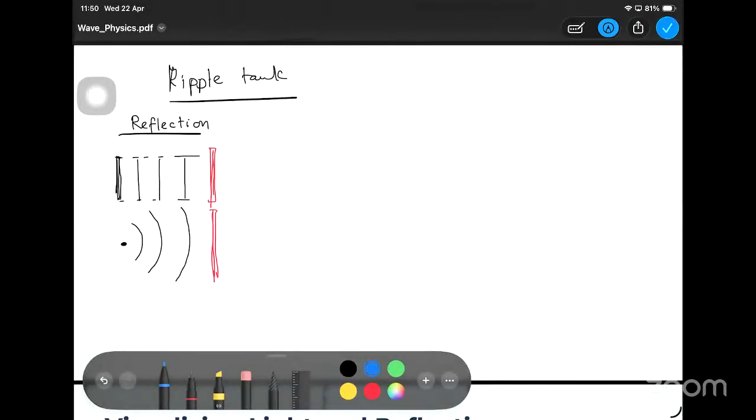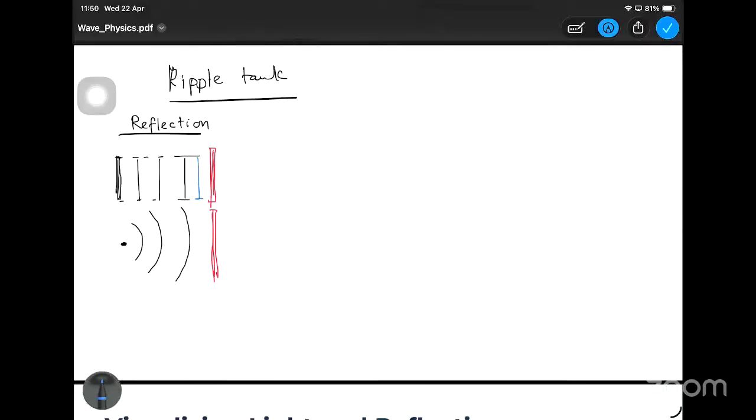The reflected waves will have the same wavelength. And in this case also, you will have the same wavelength.